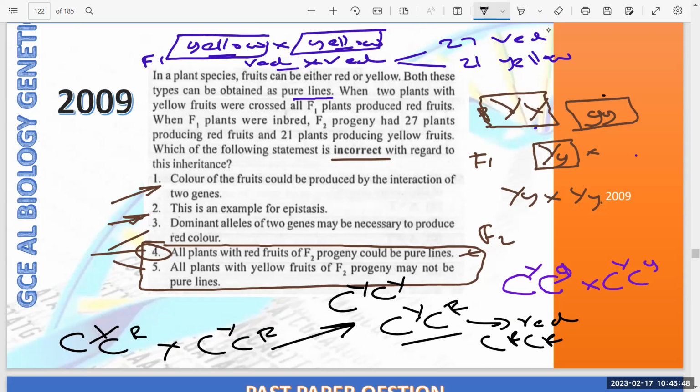As it is gene interactions, this is an example of epistasis or gene interactions. So in dominance, codominance like conditions, we can also assume that two alleles are required to make the red color. Because how do we explain that if we cross two yellow colors, the other one gives red color, and two red color cross, we get 27 and 21.